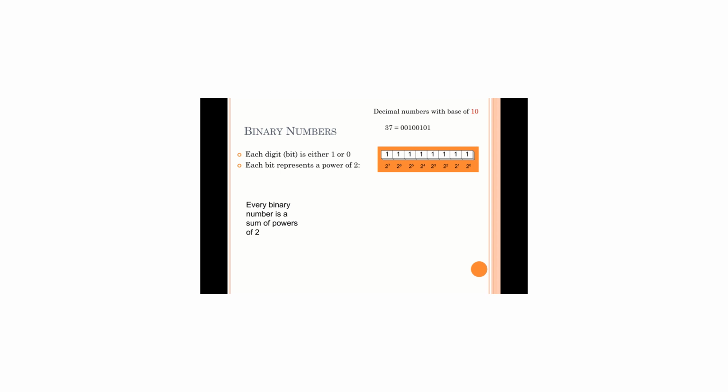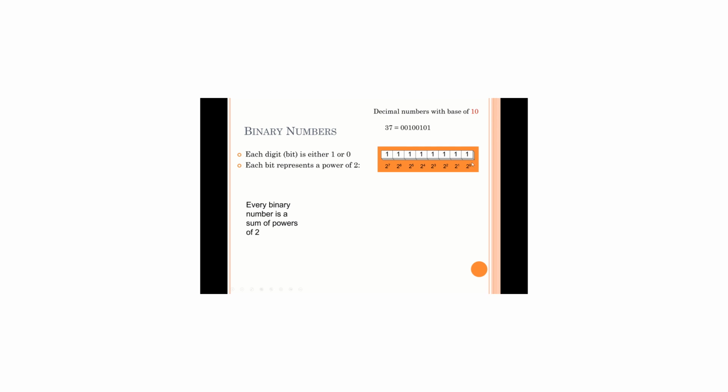With a binary number, each digit or bit is either 1 or 0, as you know, and each bit represents a power of 2. Just recall what we did earlier with the decimal number, which is base 10. Here, it's based on 2.